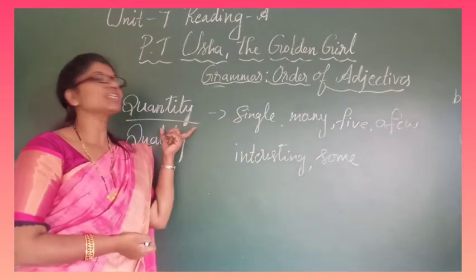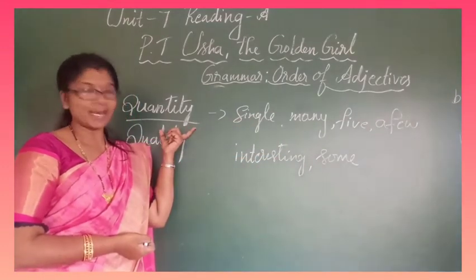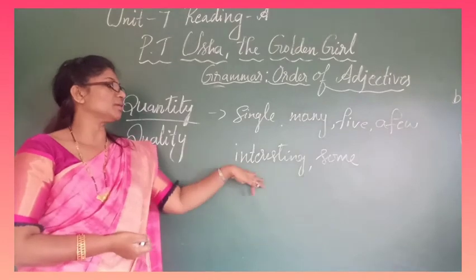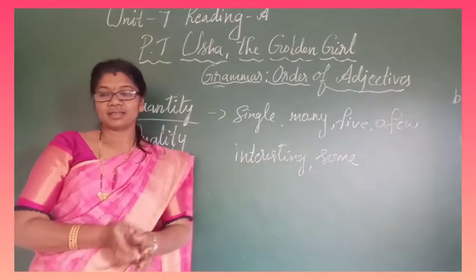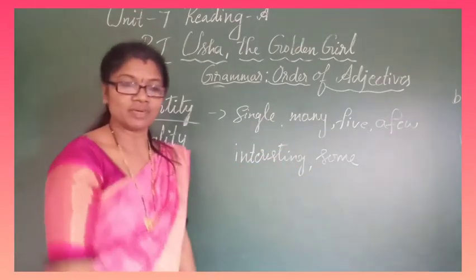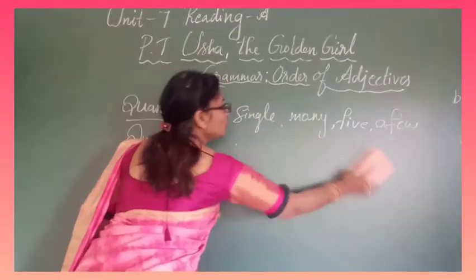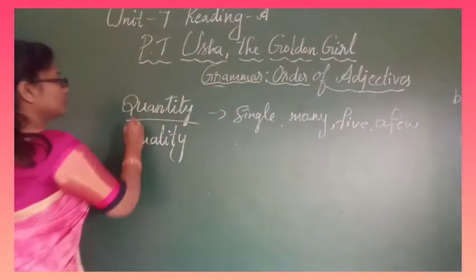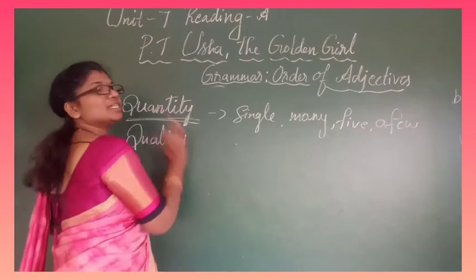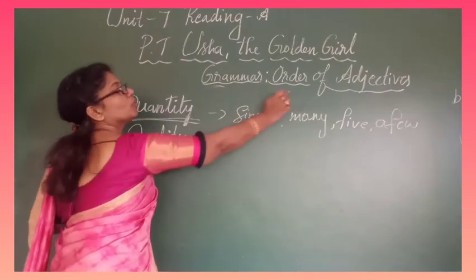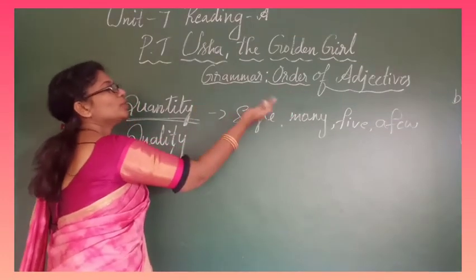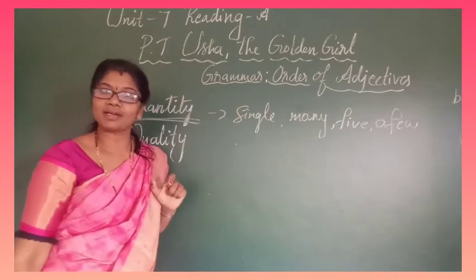Quantity comes first when you talk about the order of the adjectives. I have some interesting story books. You can say like that. So now you have understood, quantity comes first when you take the adjectives to describe a noun.